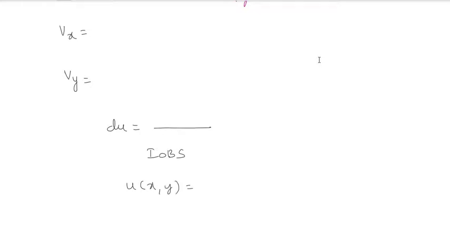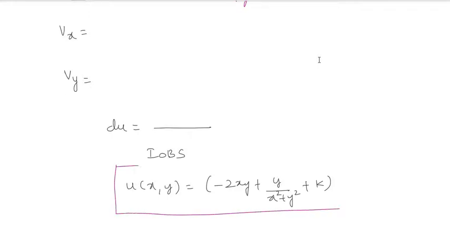Maybe you will find that as minus 2xy plus y by x square plus y square, plus some constant k. This is your u of x comma y. This I am just giving as homework for you guys. Try to do that. Try to analyze. Clear up my point? So try to solve this.